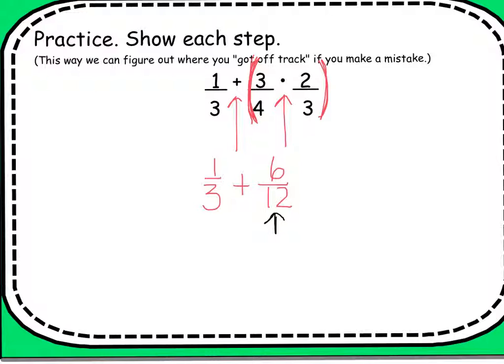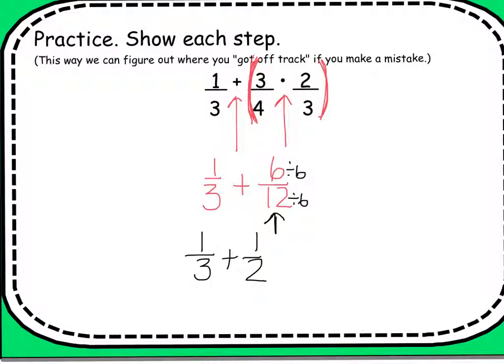You will notice that 6/12 is not in reduced form. You can either reduce it right now, or you can find a common denominator between 3 and 12, and then reduce at the very end. So here, I'm just going to reduce this because I know that 6 over 12 is the same as 1/2, because 6 goes into 6 once, 6 goes into 12 twice.